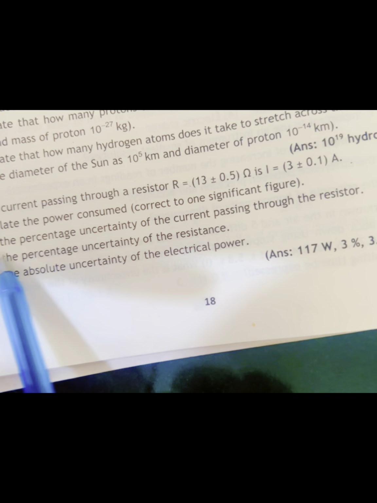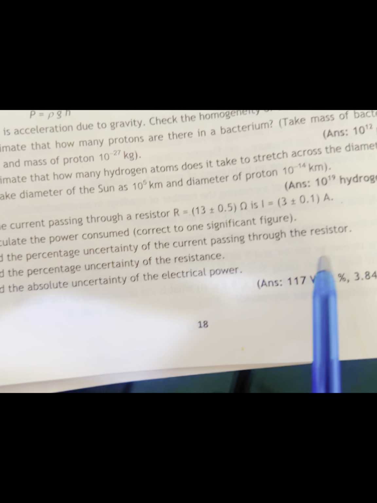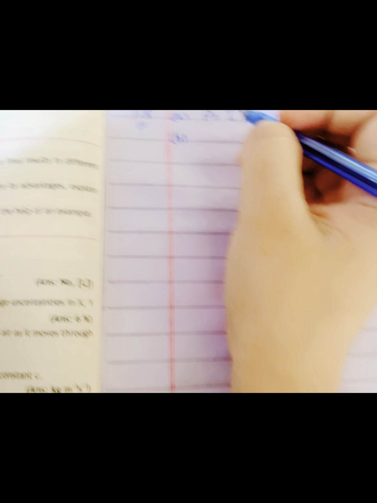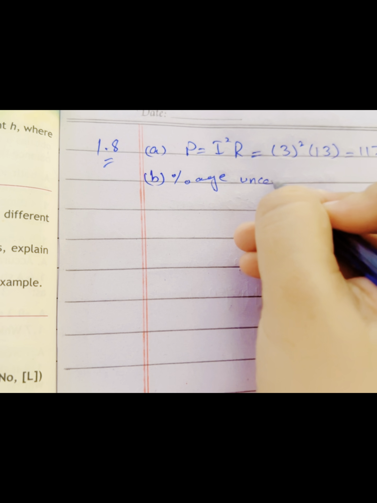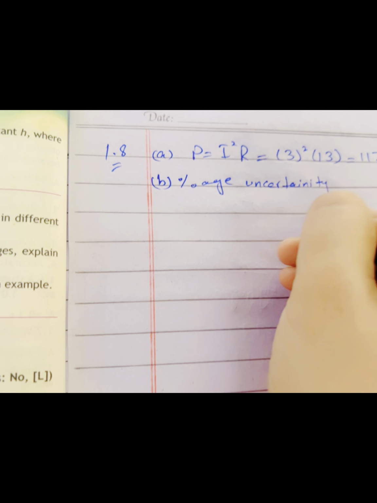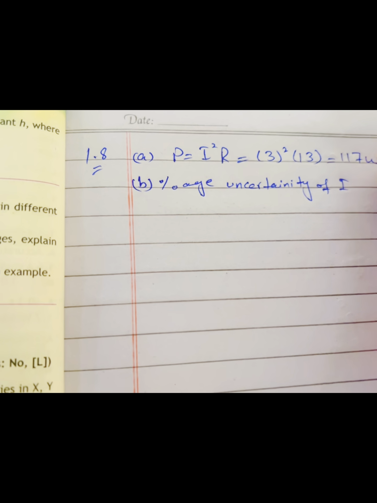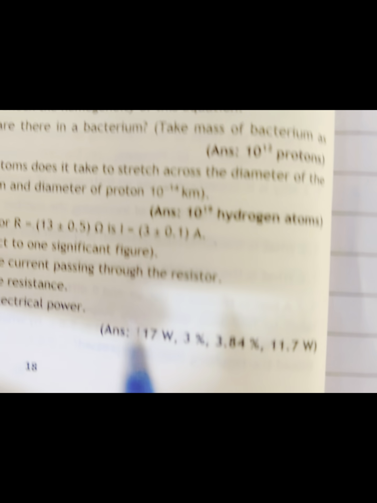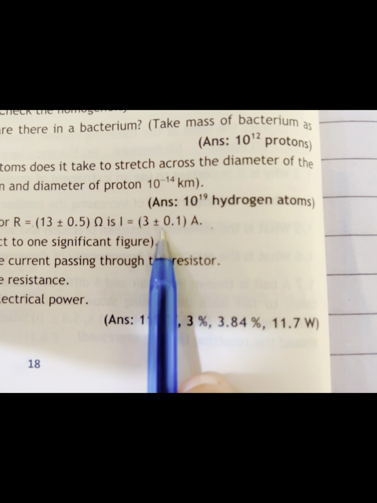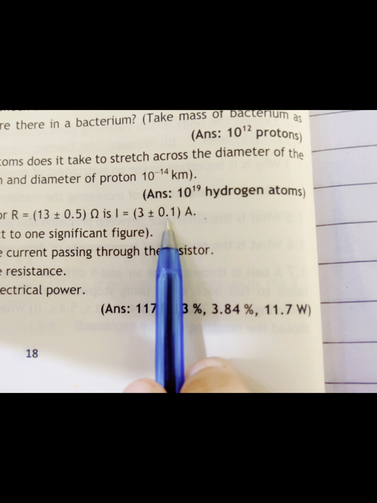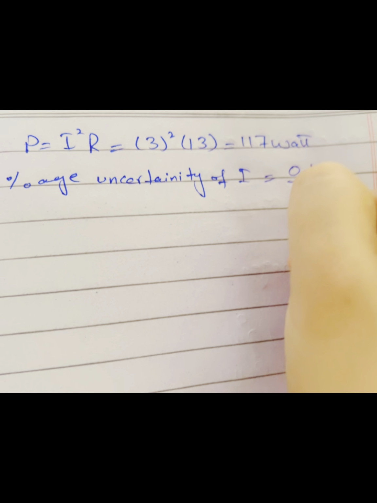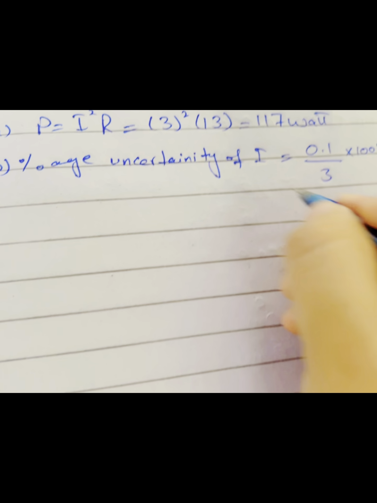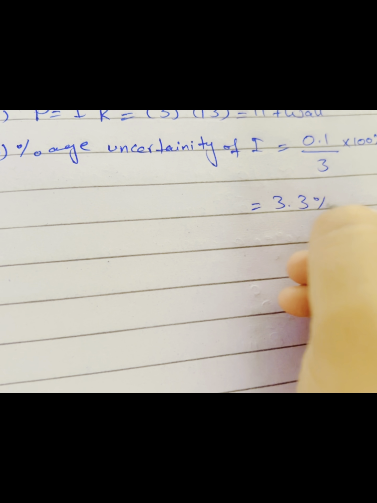For part B, find the percentage uncertainty of the current passing through the resistor. The formula is percentage uncertainty of I, meaning current, and we have the value for current 3 plus minus 0.1. So the absolute uncertainty 0.1 would be divided by the measured value, which is 3, and multiplied by 100%. 0.1 divided by 3 multiplied by 100%, and it becomes 3.3%.